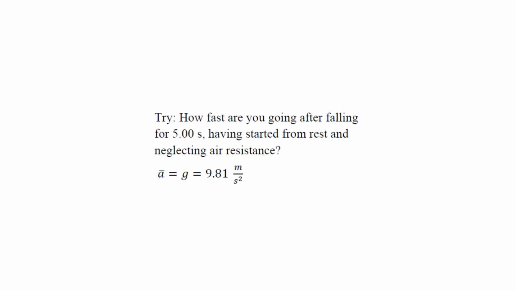A lot of times I'm going to say neglecting air resistance, meaning that it's one less complication. We use the kinematic equation, the definition of average acceleration, without worrying about the fact that the air is slowing the object down a bit.